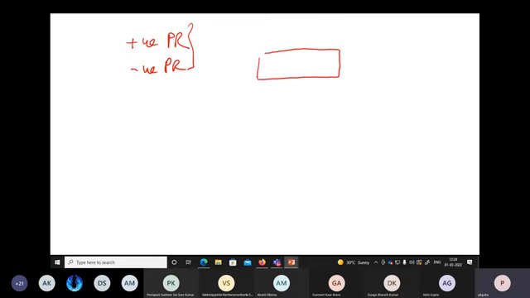Say this is my silicon wafer. On top of the silicon wafer, this is my silicon dioxide. I have photoresist and I have a masking layer.